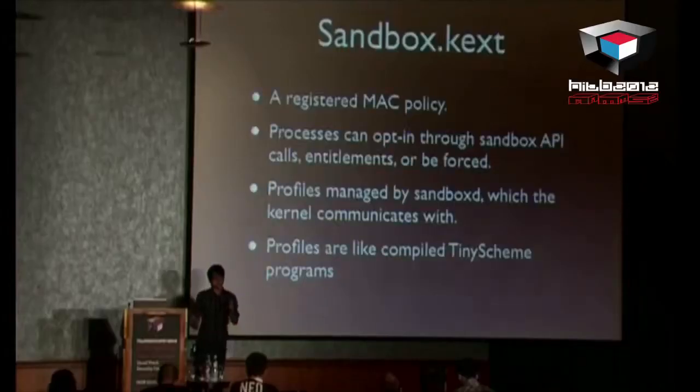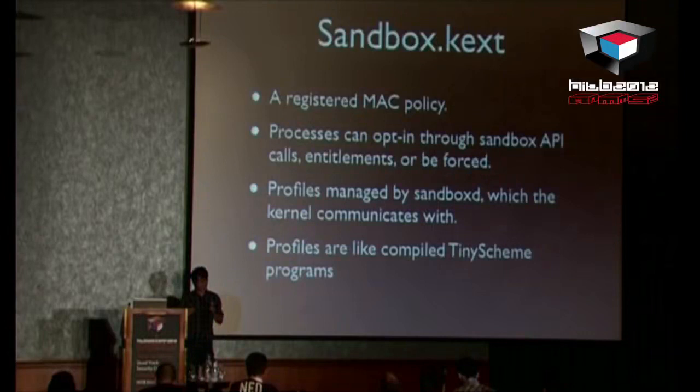The sandbox kernel extension determines whether a program is allowed to do something in a few ways. First, processes can opt in through the sandbox API. There's a function called sandbox_init that's part of the OS X library that can have a process opt in to a particular sandbox profile, which determines what things it's allowed to do or not.